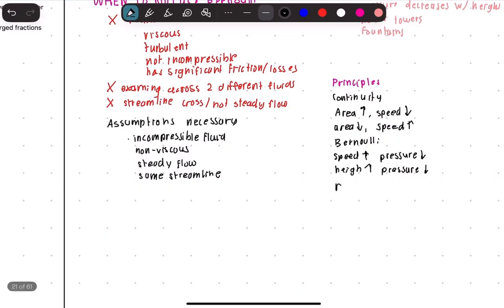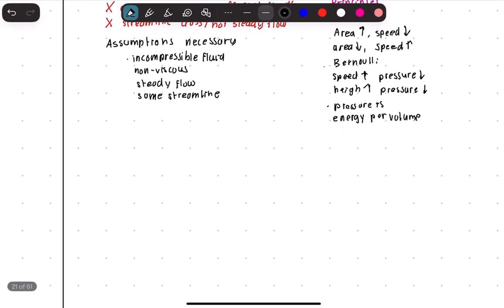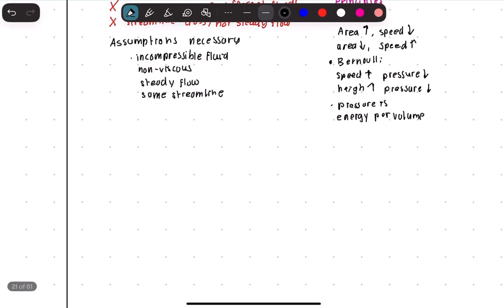Also, pressure is energy per volume. Okay. Also, now you need to remember that fluids move from high pressure to low pressure.